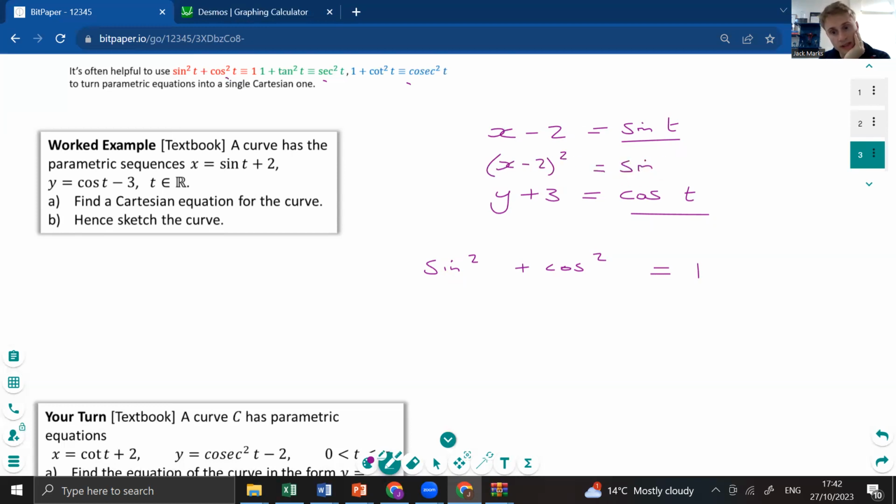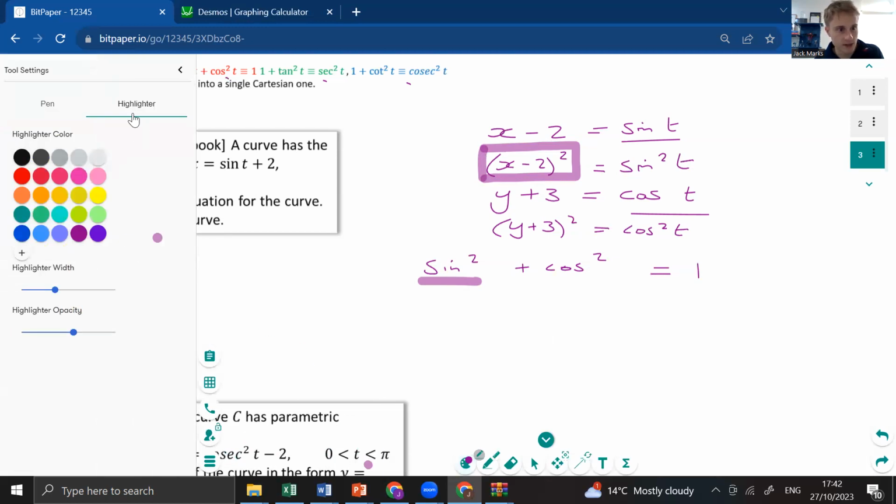My approach for this is I like to get the pieces ready before I substitute them in. I need to do the same thing for the other one. So I need to square it to get cos squared t. And now, this one here, I'm going to change to this substitution here. And let's use a different color, shall we?